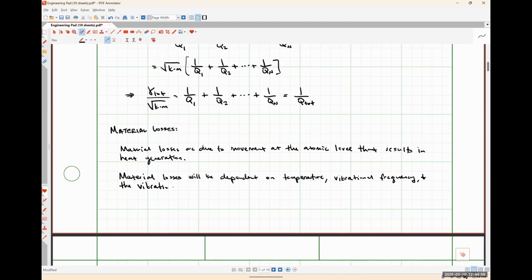We'll talk about that in a moment. At room temperature, a simple viscous damping model is appropriate for most MEMS materials.